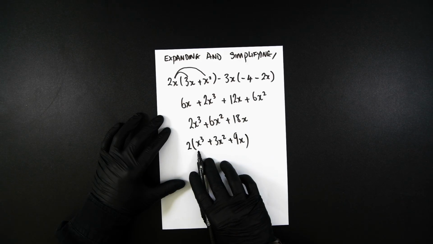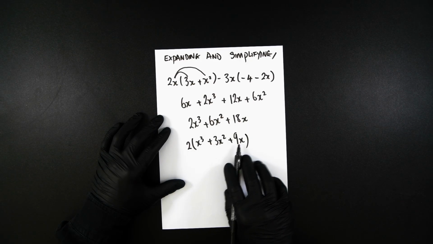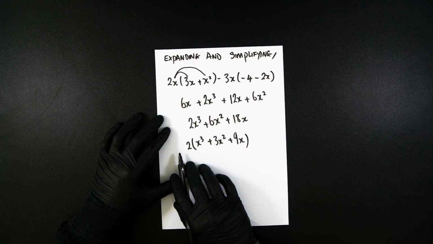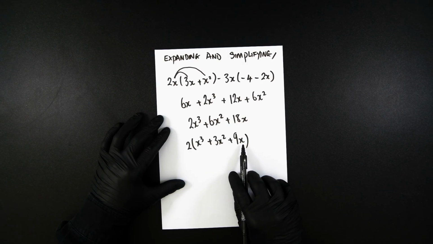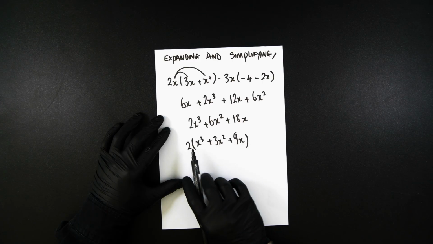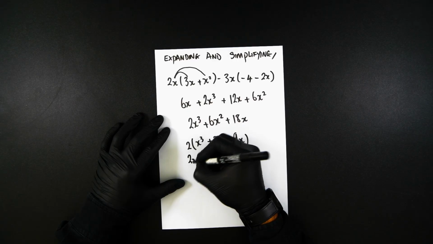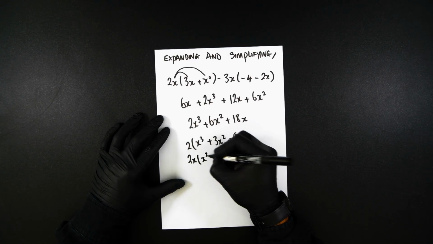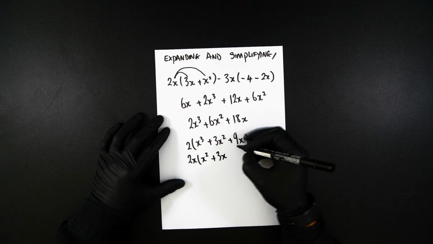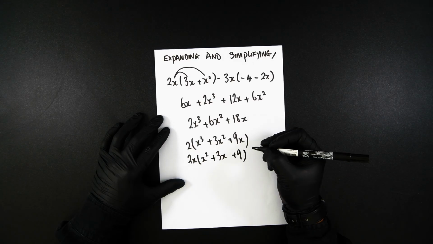The next step would be to see how many x's can we pull out. If we pulled out x squared, there's only one x term here, so we can't do that. The common factor between each of these terms is x. So we can pull out 2x, and you're going to get x squared plus 3x plus 9.